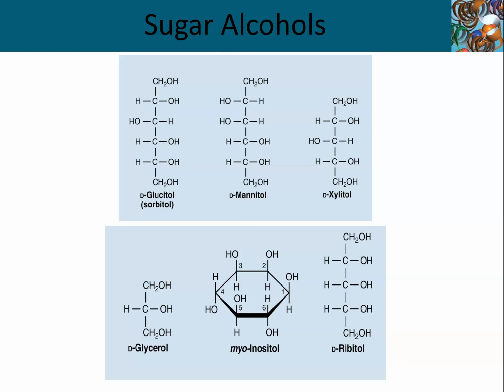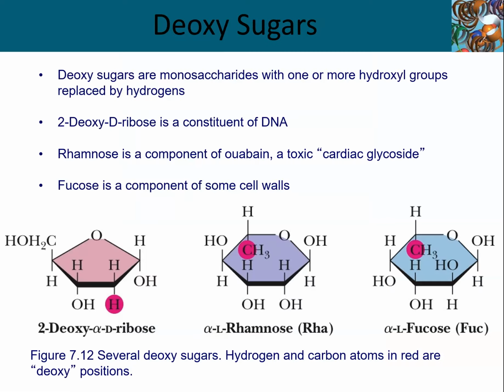So sugar-free gum doesn't mean that the modified sugars in your gum are not being consumed by the microbial organisms in your mouth. But we have our sorbitol, mannitol, xylitol, glycerol, ribitol, and inositol. So lots of sugar alcohols you've probably heard the name of.